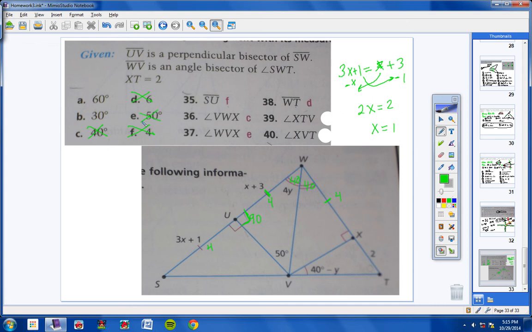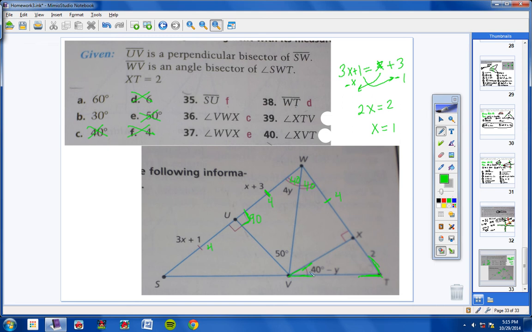Now, students, whenever you're taking tests, and you can save time in the end, always try to do that. Look at the last two angles that they want us to find. They want us to find angle XTV, this angle here, and then angle XVT.